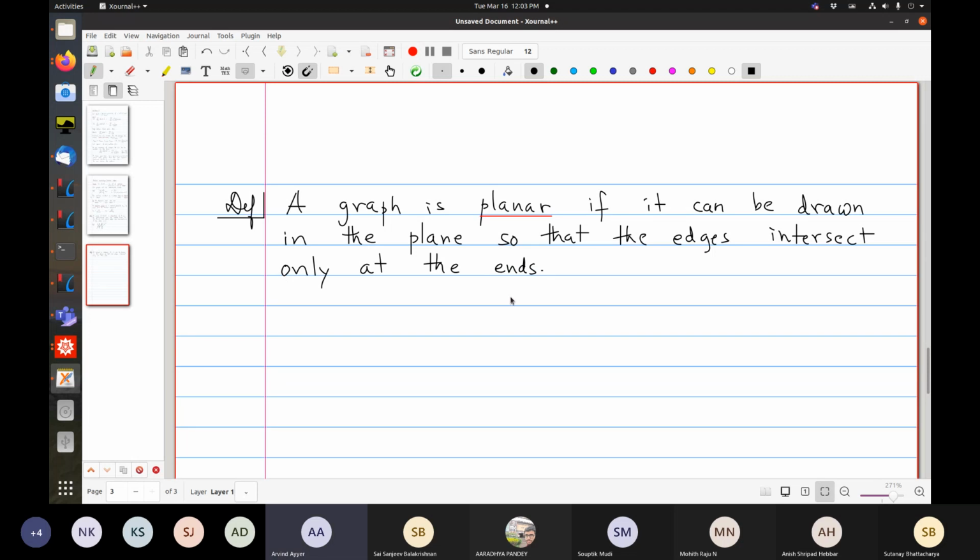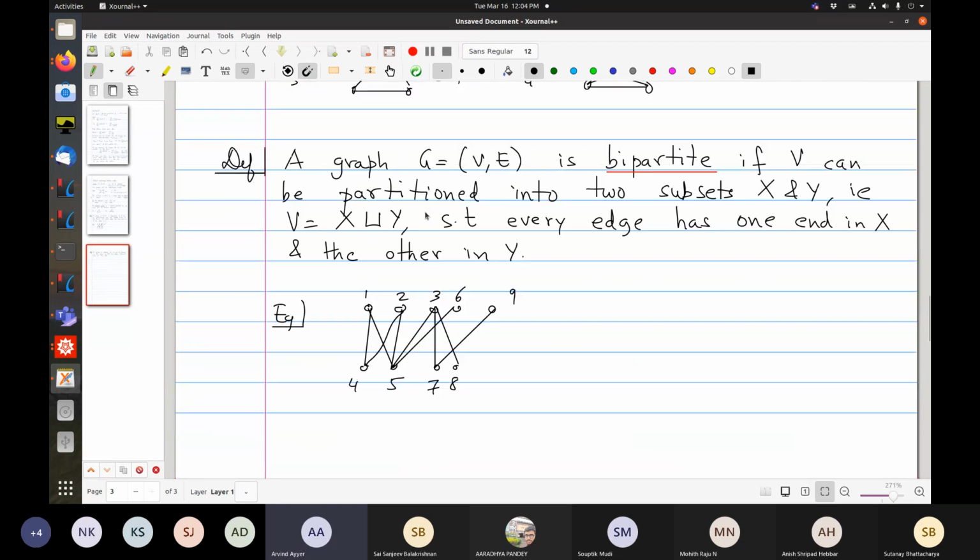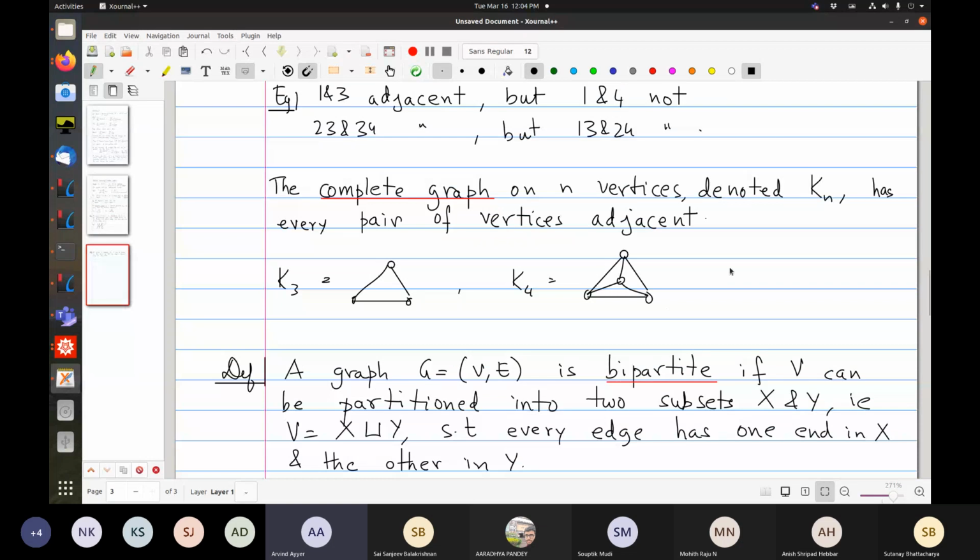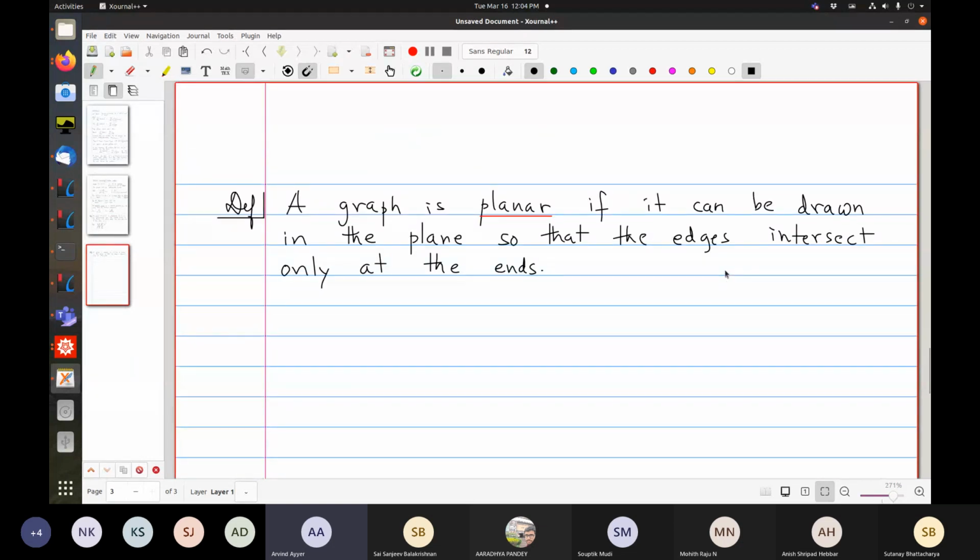Okay, and so not every graph is planar. So for example, I drew here up to K4. If I draw K5, so for example, K1 to K4 are planar, but K5.